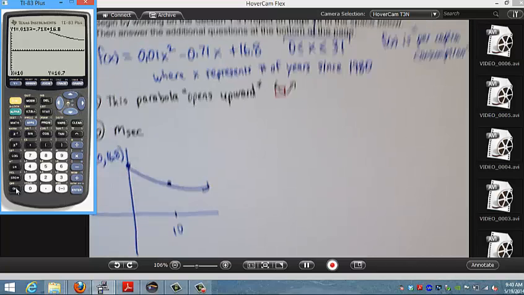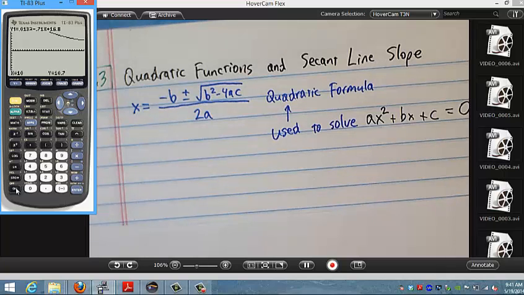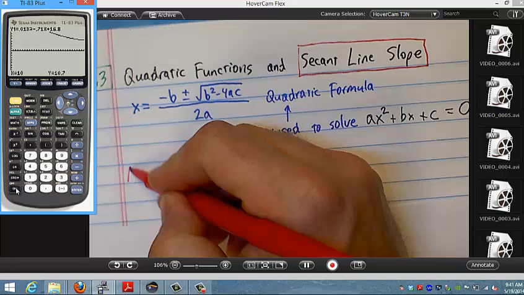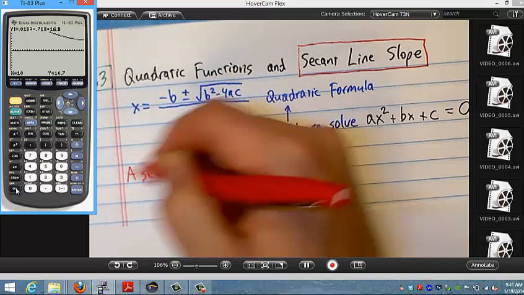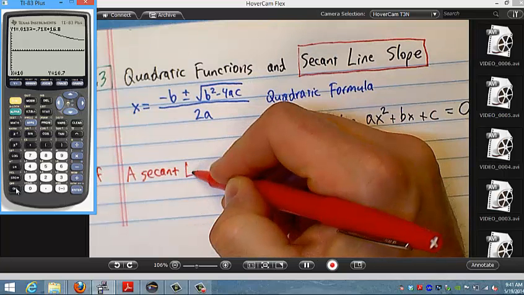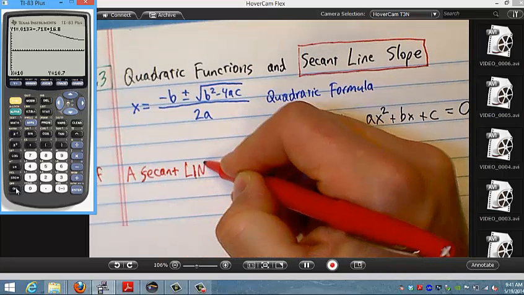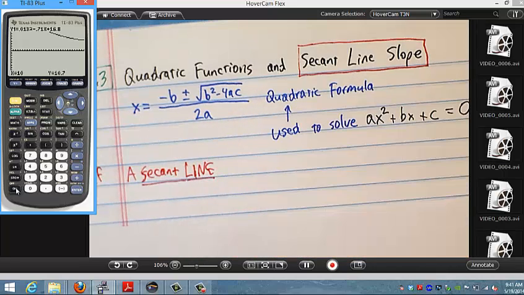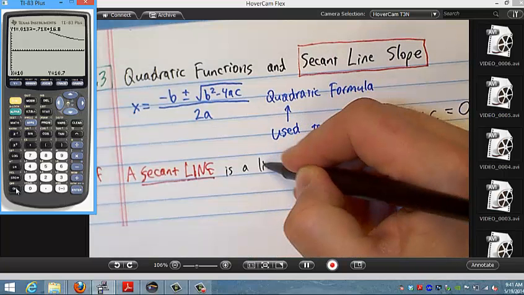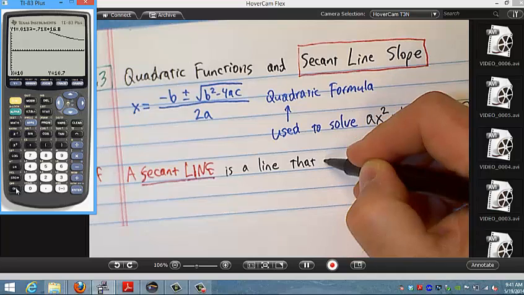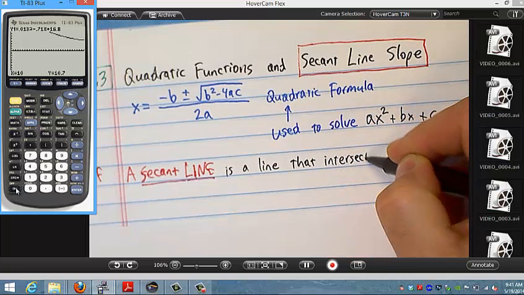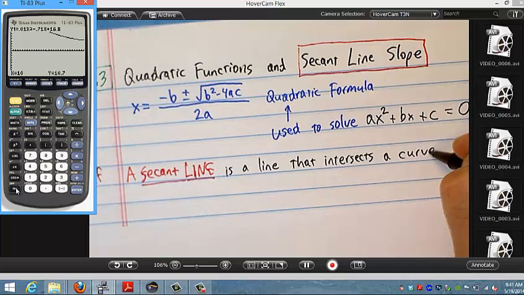And I should really put that in my notes. Matter of fact, that's the other thing that we're supposed to talk about in section 1.3. Secant line slope. So a secant line, and this is a definition, is a line that intersects a curve in 2 points.